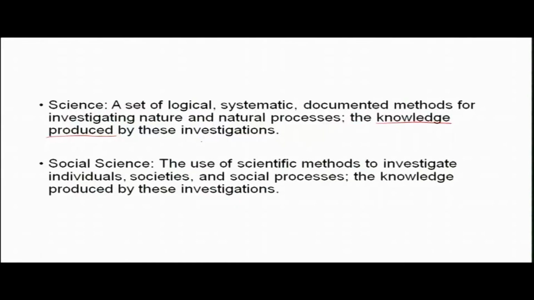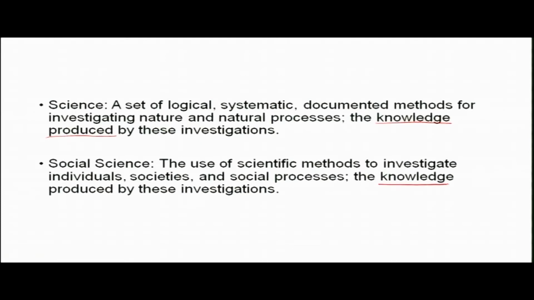So this is something to keep in mind in crafting any sort of social science research also, the context of knowledge production. On the other hand, if we take the definition of social science, it is the use of scientific methods to investigate individuals, societies and social processes, and the knowledge produced by these investigations.